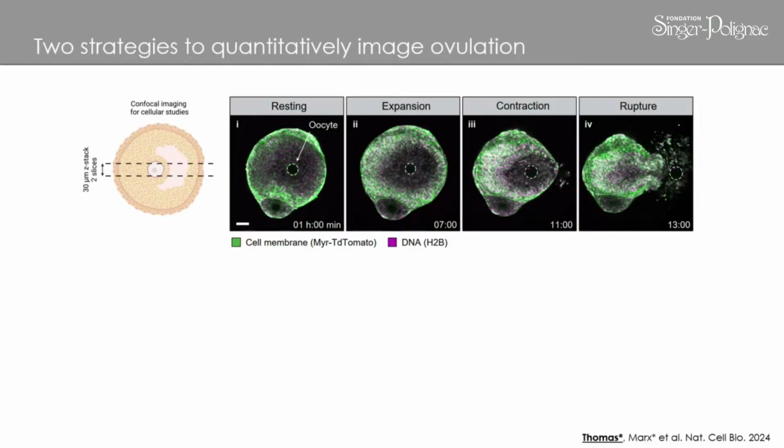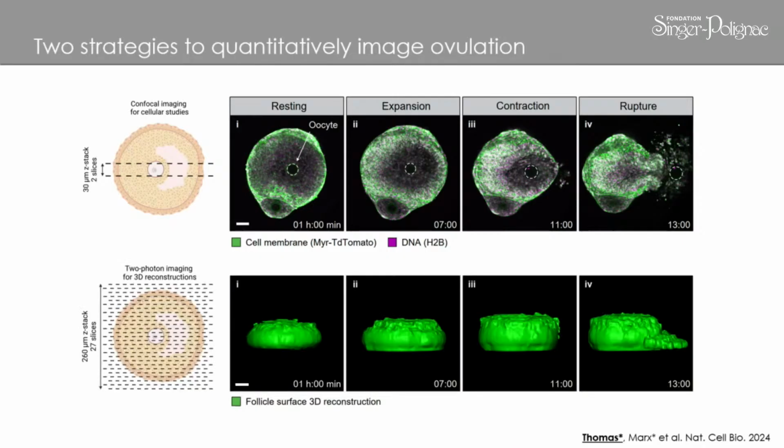We then wanted to describe ovulation in a quantitative manner. And to do so, we used two complementary imaging strategies. The first was confocal microscopy, in which we opted for a maximal resolution in X and Y, but just imaged 1 or 2 slices through the height of the follicle. And this allowed us to see this detailed cellular dynamics deep inside the follicle.